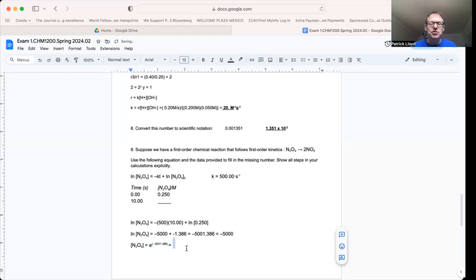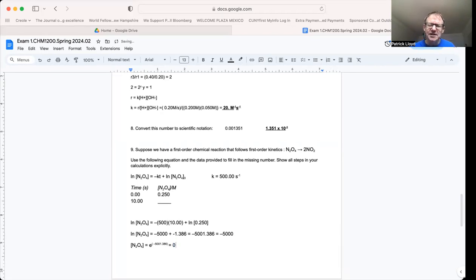Okay, so if you take that number, negative 5,001.386, and you do the anti-log, e to the x. Oops, I'm sorry, I had to do the anti-log first on this calculator. So minus 5,001.386. This calculator gives you 0. Most calculators are going to give you 0.